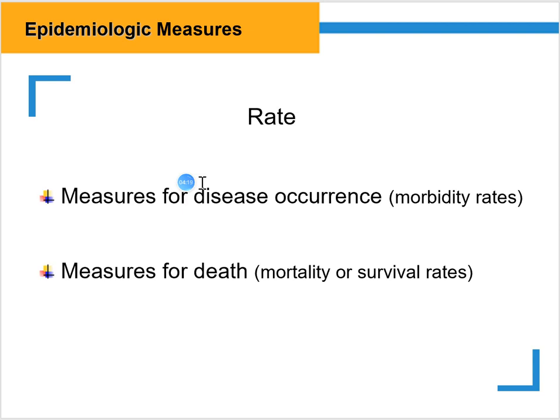There are 2 types of rate. One is measures for disease occurrence, that is morbidity rate. They can be used to describe the distribution of disease in population. Another is measures for death, that is mortality or survival rates. They can be used to describe the distribution of deaths in population.